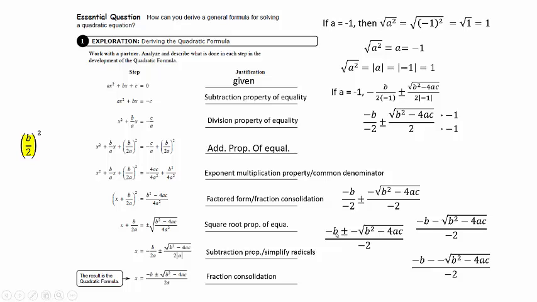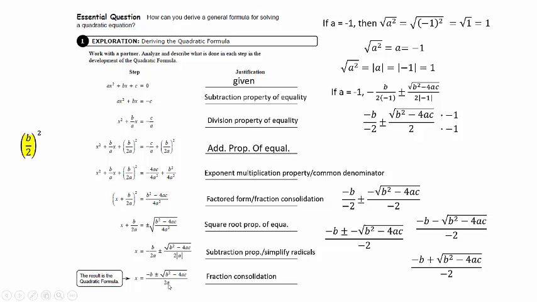And then case 2, we would write -b minus -3 root b squared minus 4ac. But we know that when we subtract a negative, that's really just like adding a positive. So if you look, these are the same as what I have right here.